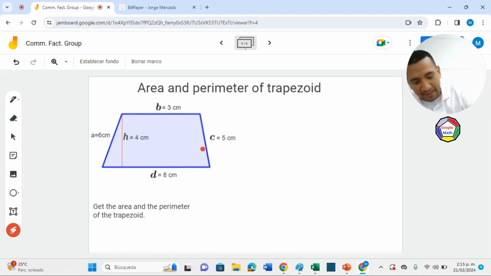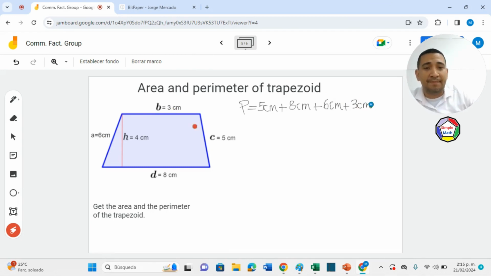So we can say that the perimeter of this trapezoid is 5 centimeters plus 8 centimeters plus 6 centimeters plus 3 centimeters.